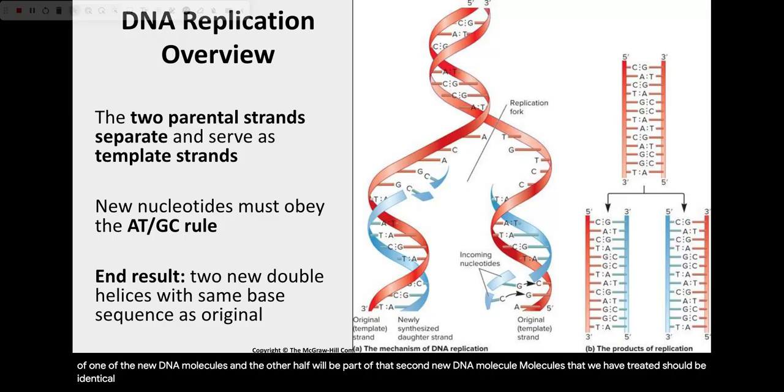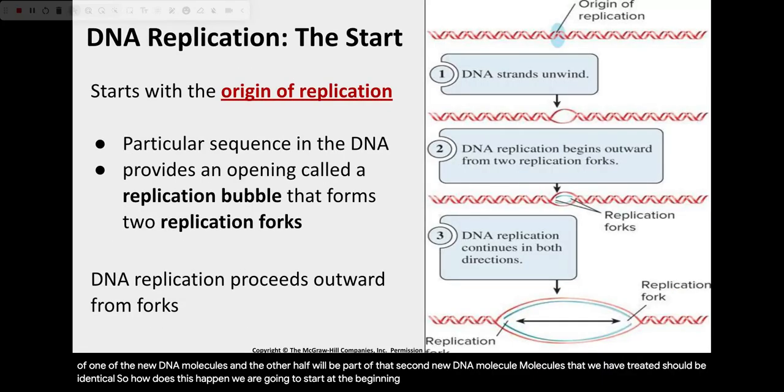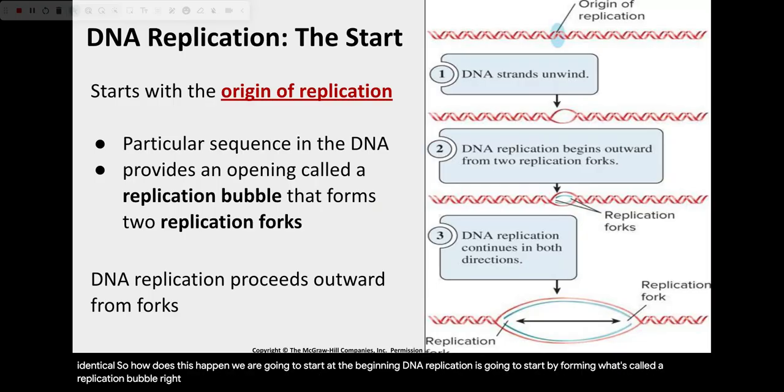All right. So how does this happen? We are going to start at the beginning. DNA replication is going to start by forming what's called a replication bubble. We're going to start at the origin of replication, where the DNA is going to unwind a little bit and form this bubble of unwound DNA.